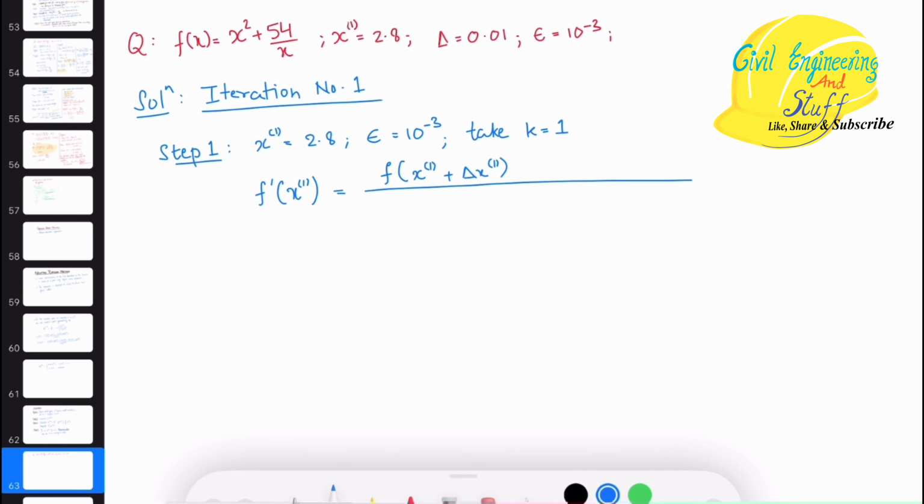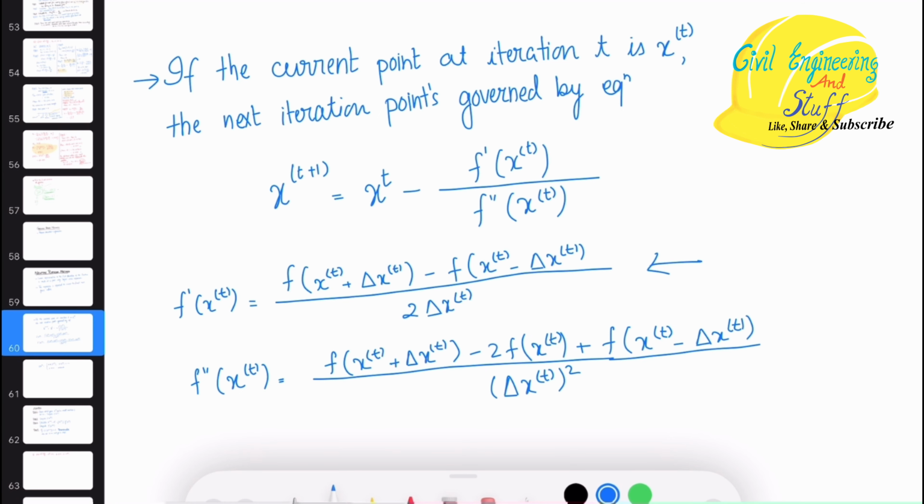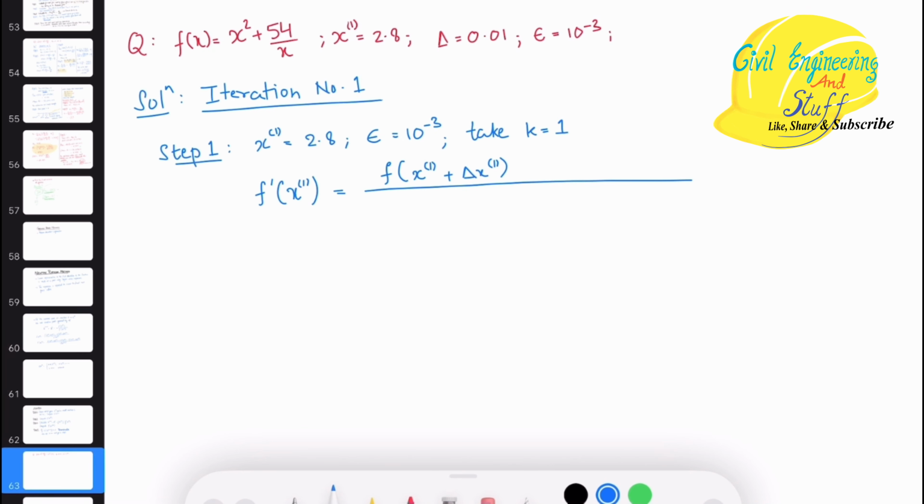Because here it is written t, in this case t equal to 1. All right, minus f of x1 minus delta x1 divided by 2 delta x1, right?